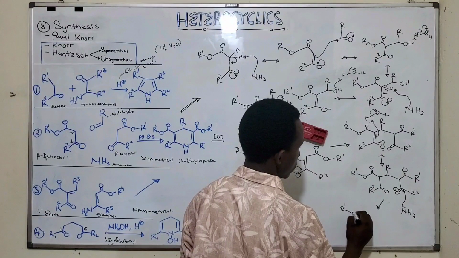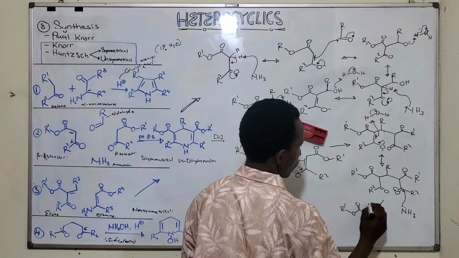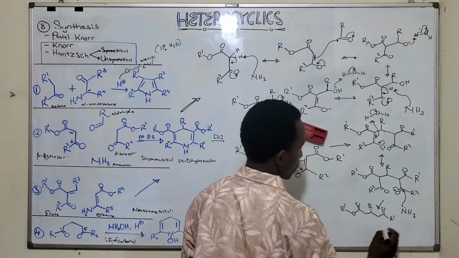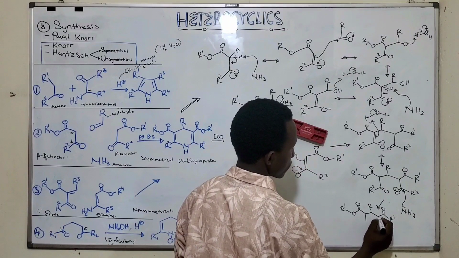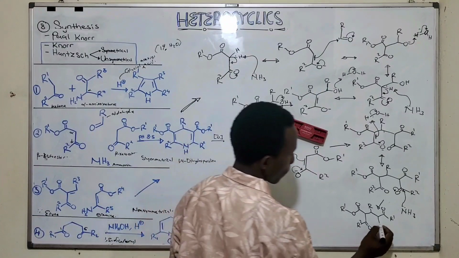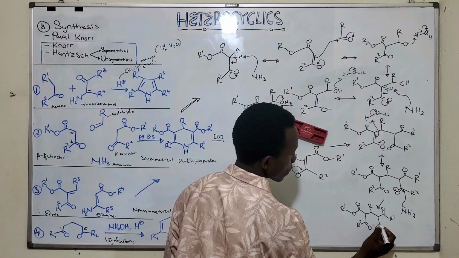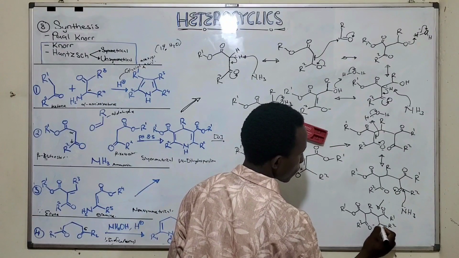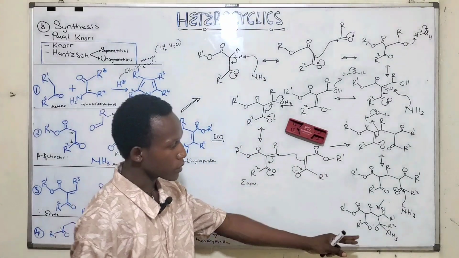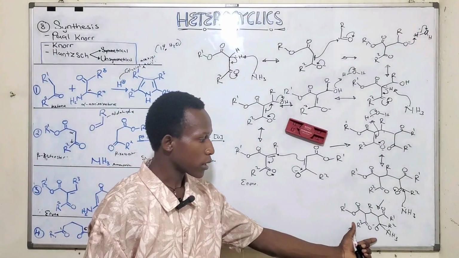You have R1, you have R, this, and R1. Then R2, oxygen. This oxygen is having a lot of electrons. Then form R2 and ammonia attached. It is now plus. It's like this.